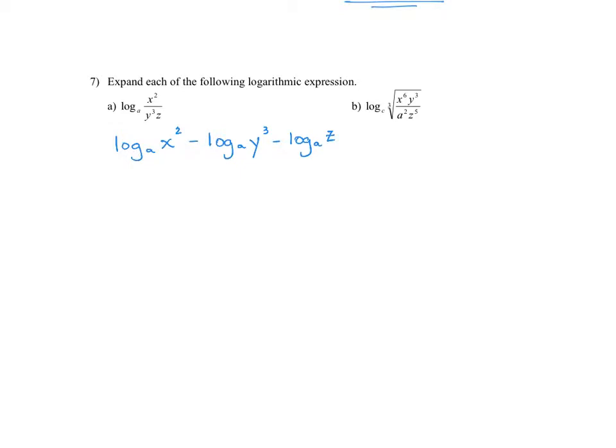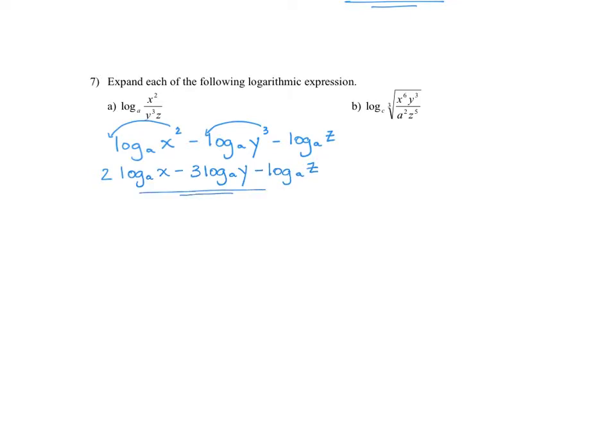And then I'm just going to pull all those exponents out front where necessary. So this would be 2 log base A of x minus 3 log base A of y minus log base A of z in expanded form.